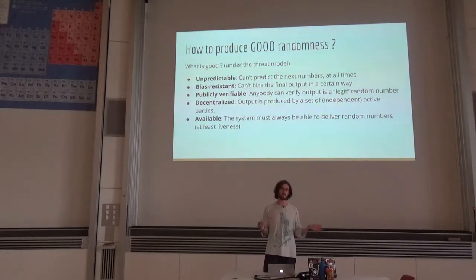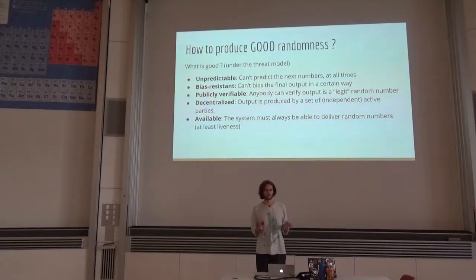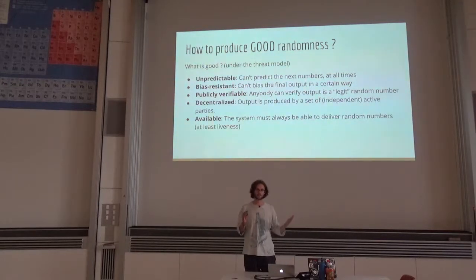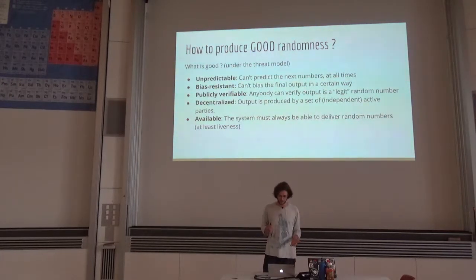We want it publicly verifiable. This is a new notion for some kinds of randomness, not for every kind, but we want to be able to verify that the randomness generation scheme has been run correctly by the nodes, and not in some weird fashion that we cannot control. We want it decentralized.